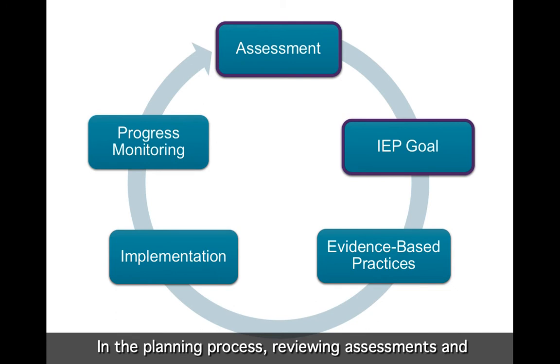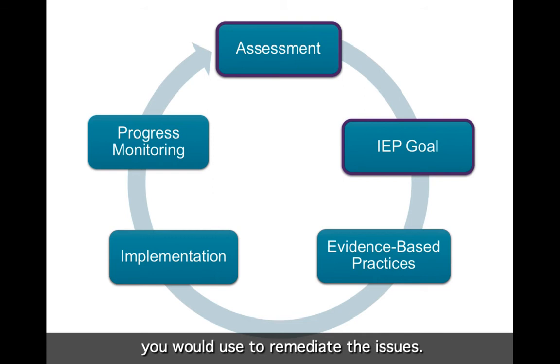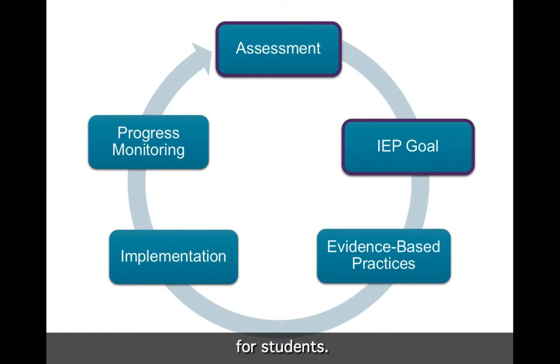In the planning process, reviewing assessments and IEP goals come before selecting the curricular practices you would use to remediate the issues. Similarly, in the decision-making process depicted in this graphic, assessment and IEP goals are indicated on the upper right. Let's take a look at the documents where you will find the thread of information to begin planning for students.